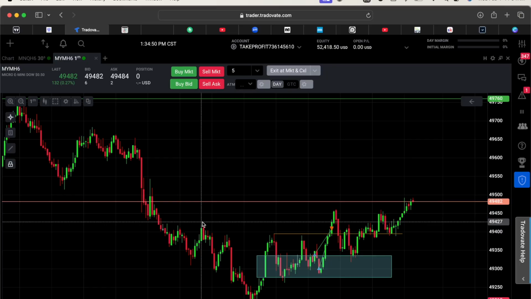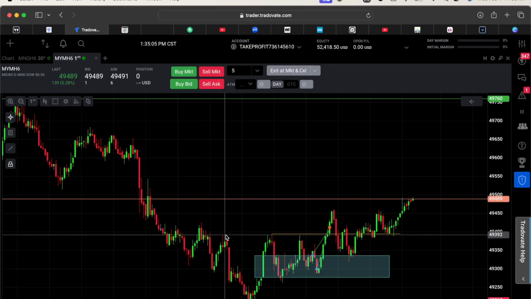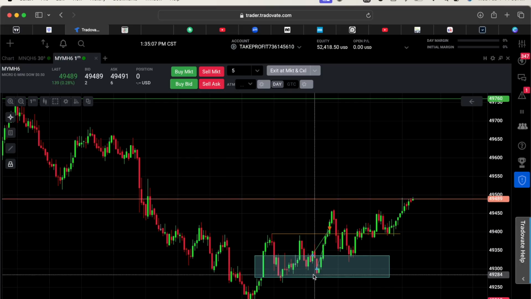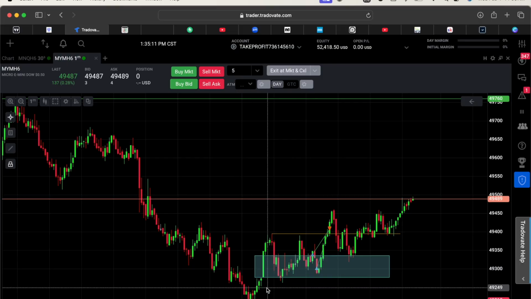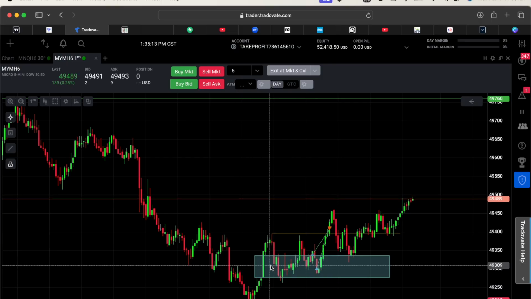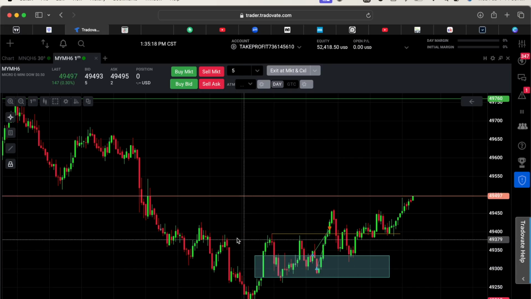But ideally, when I took this trade, and also guys, I screen recorded me taking this trade and I put it on my shorts for my YouTube channel so you guys can see the actual trade playing out in real time. But ideally, I was like, okay, well, if I was to go for this high from my entry to my take profit, it's not even bigger than from my stop loss to my entry. Like my entry to my stop loss is bigger than my entry to my take profit.